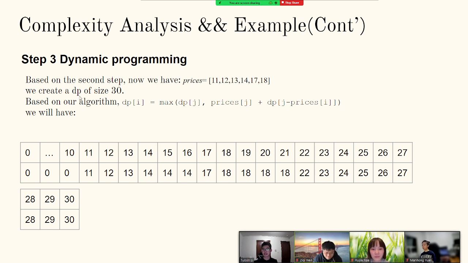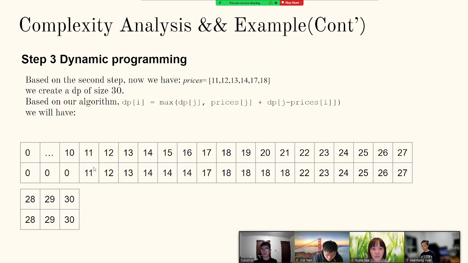Before that, we create a dp of size 30, shown as the following table. We have 0 to 30. I omit 1 to 9 because we cannot buy any commodity with this amount, since we cannot afford these commodities.